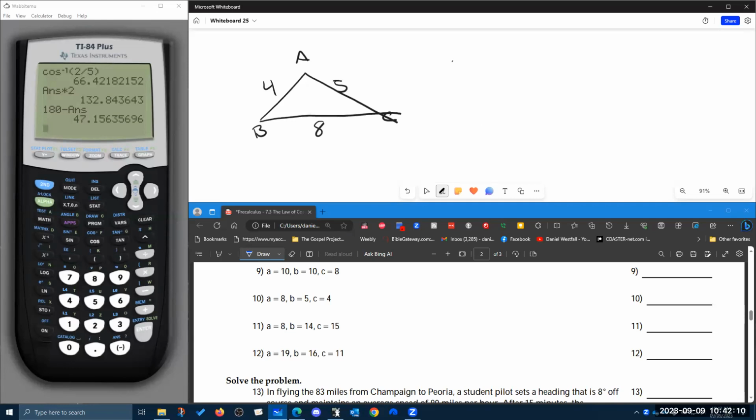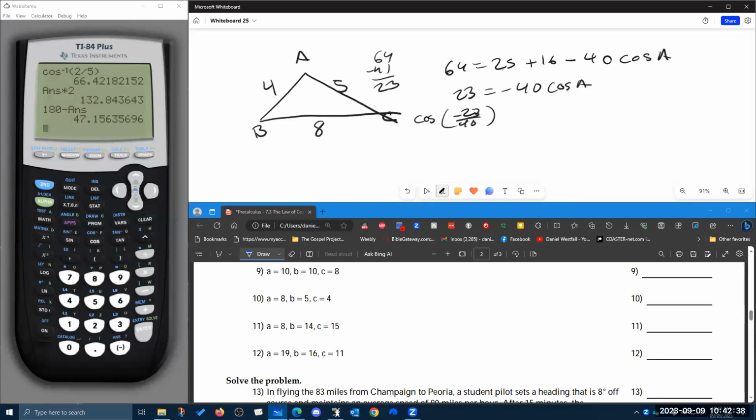So A squared equals B squared plus C squared minus 2BC cosine of A. This is 41. It's 23. Negative 23 over 40. Arc cosine is A.